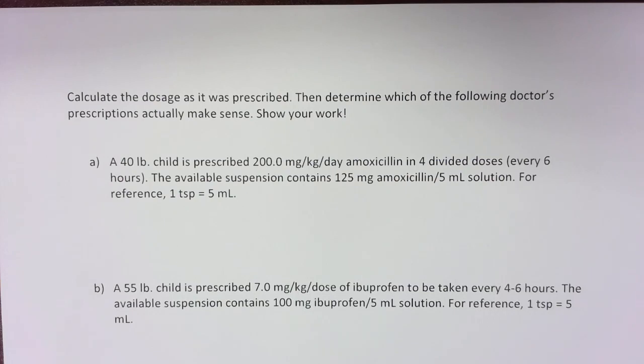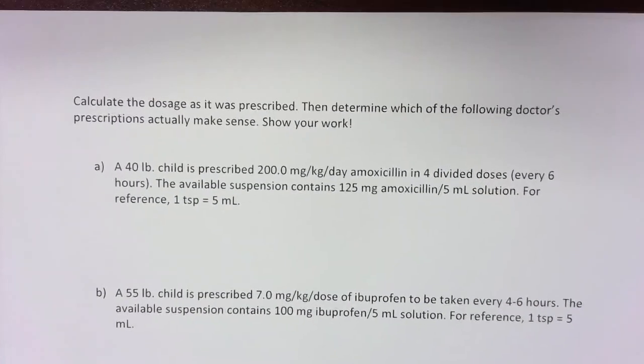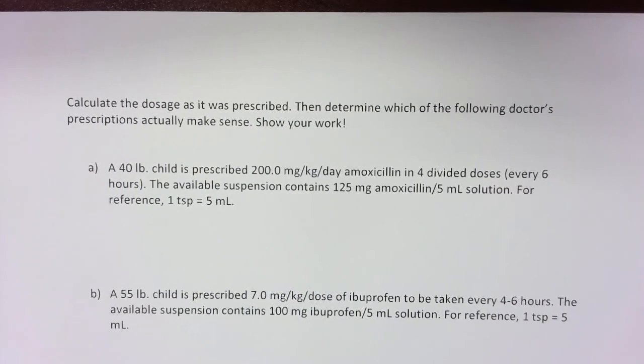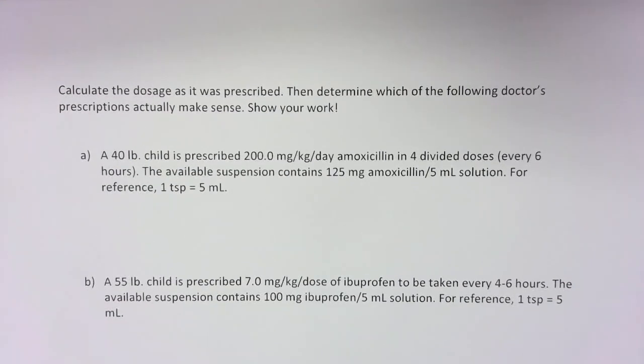These kinds of mistakes are pretty rare as far as coming from a doctor's prescription, but they're still possible, and I still want you to be able to think about these problems from a logical, sort of common sense standpoint.